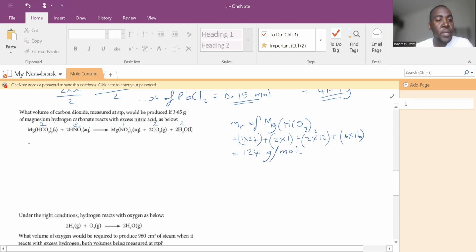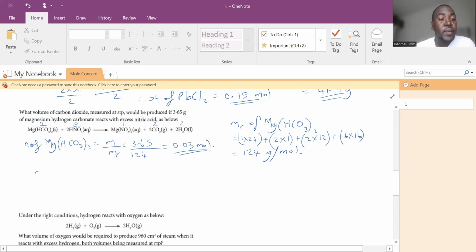So now from this, we can find the mole of Mg(HCO3)2, which is the mass over the molar mass, which is equal to 3.65 over 124, which will give us 0.03 mole.